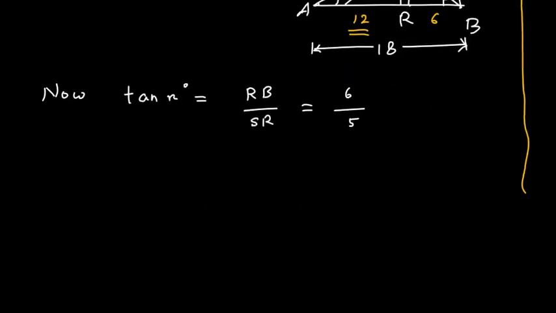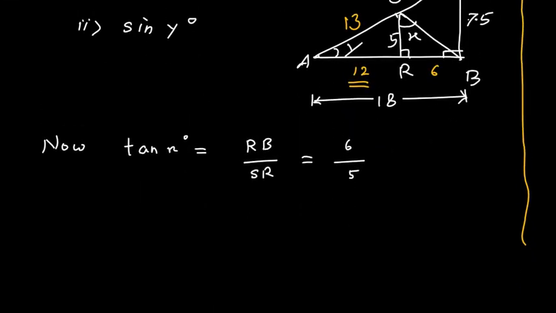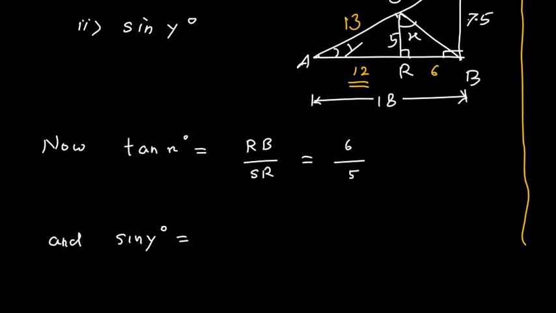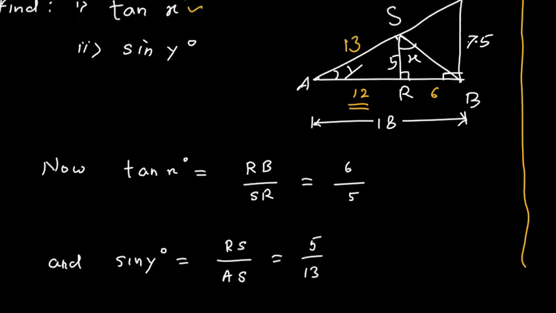Similarly, for sin y, the opposite side is RS, so sin y is RS divided by AS, which is 5 upon 13. So 5 upon 13 is the answer of sin y.